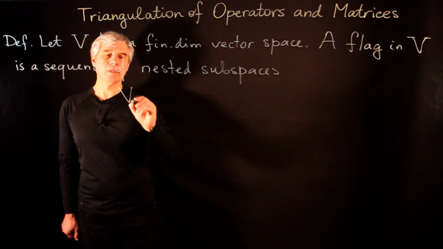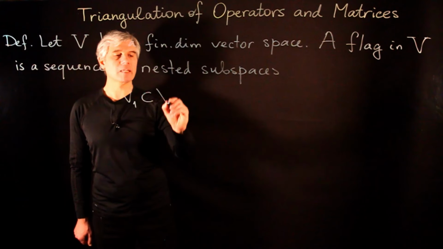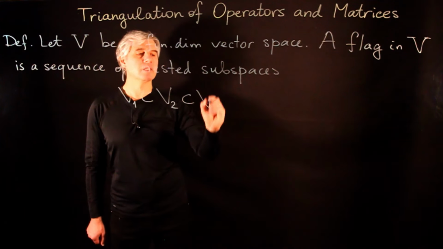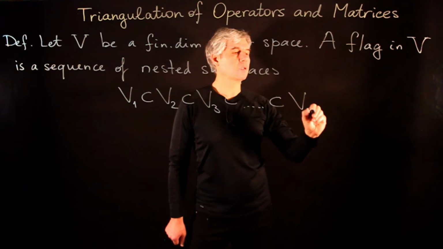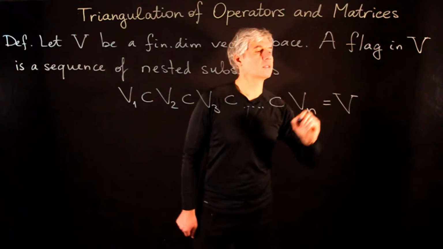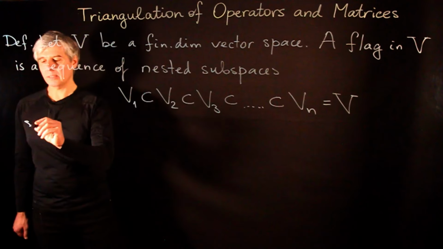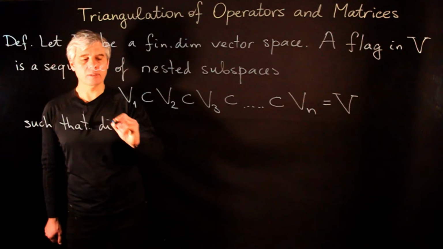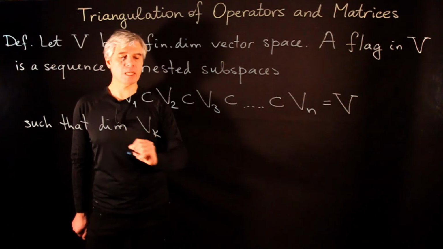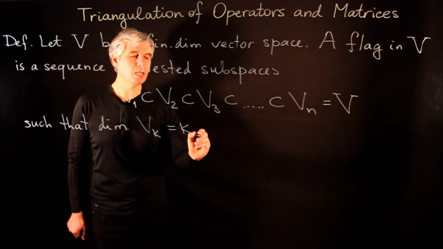We have V1 sits inside V2, sits inside V3, and so on, sits inside Vn, which is equal to the whole V, such that the dimension of the subspace Vk is equal to k.